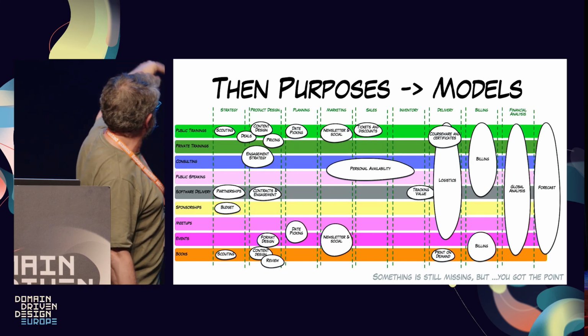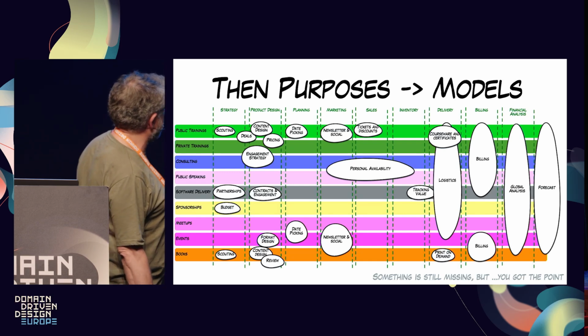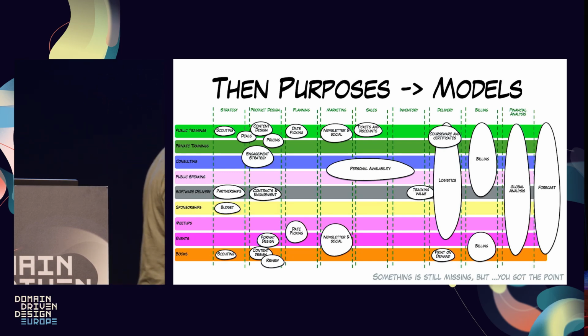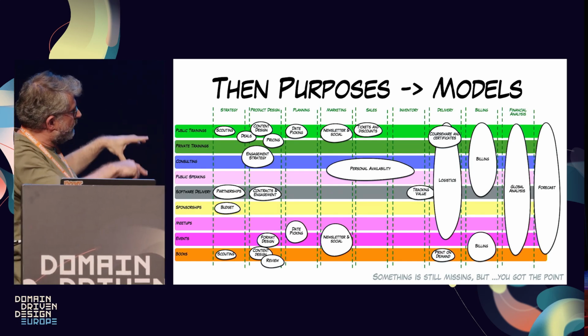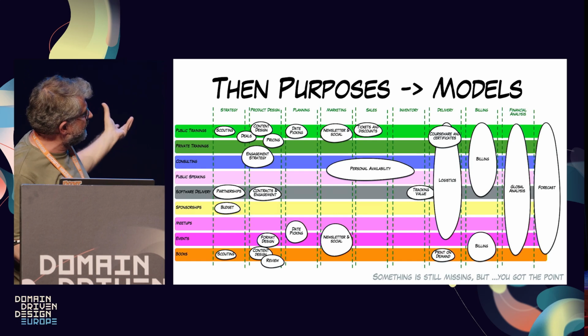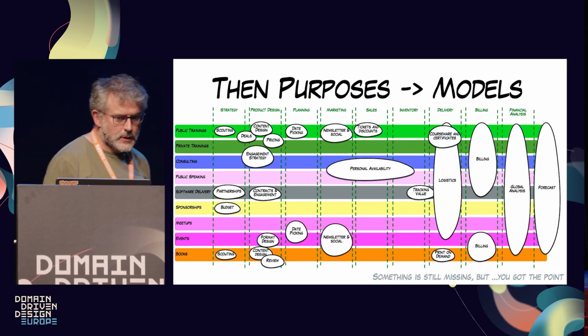So public trainings, consulting, public speaking, software delivery, sponsorships, and meetups, events, and also books and stuff like this. They have different flows. They are combined in different ways. Something which is important for one business line is not relevant for others.